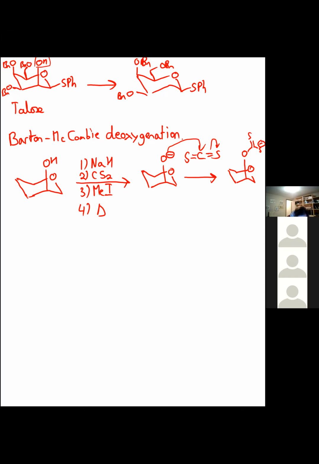This is called a xanthate. I do know what this is called. You don't need to know that. It is completely irrelevant. I'm just really proud of myself because I actually know what a functional group's called, and I really suck at this. So you make a xanthate, then you treat that with methyl iodide.